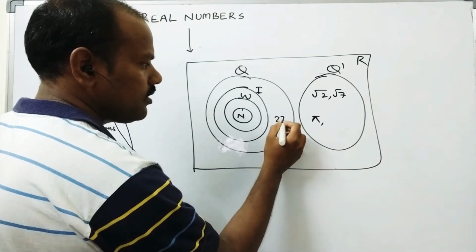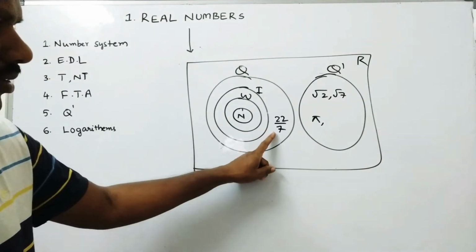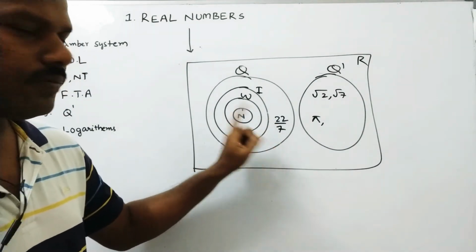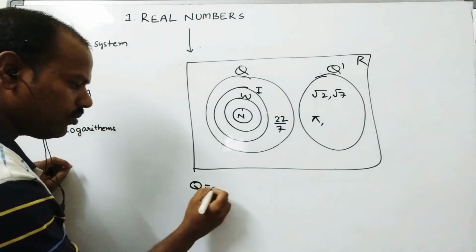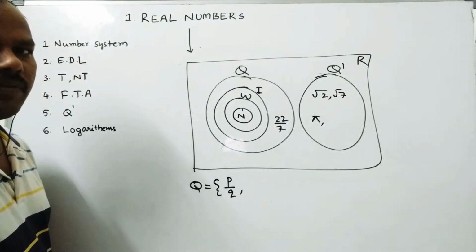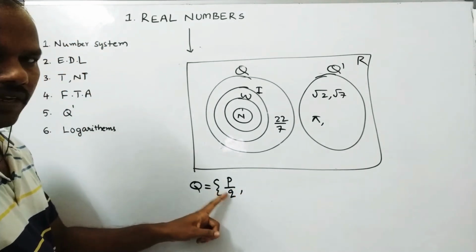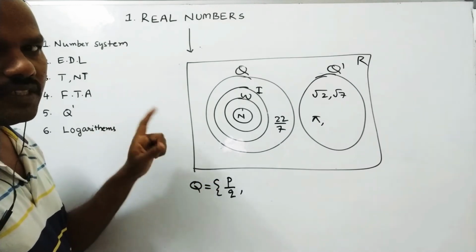22 by 7 comes under rational numbers, children, because the denominator is not equal to 0 and p, q should be integers. This point is also very important. Any number can be in fraction form, p by q form, positive or negative. But the fraction definition is different.